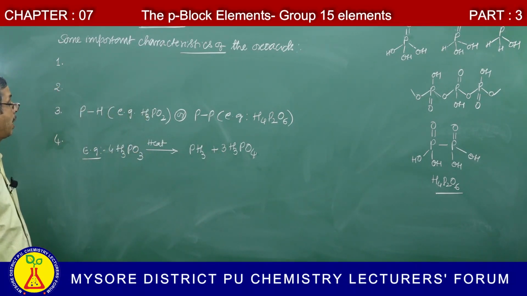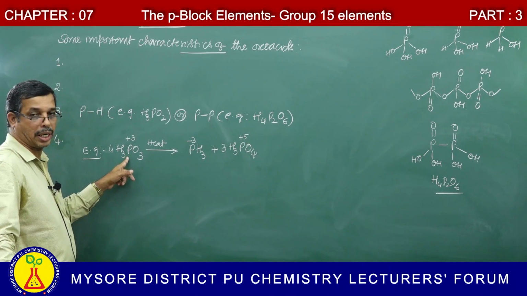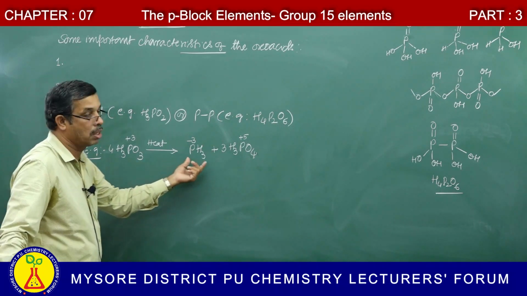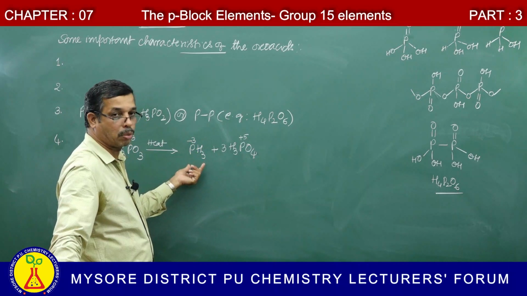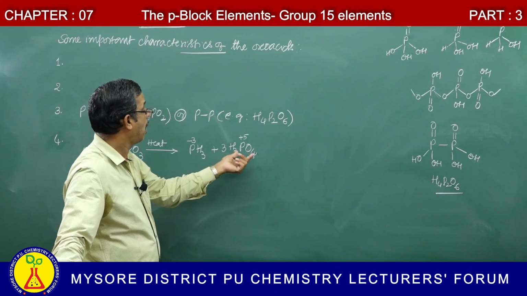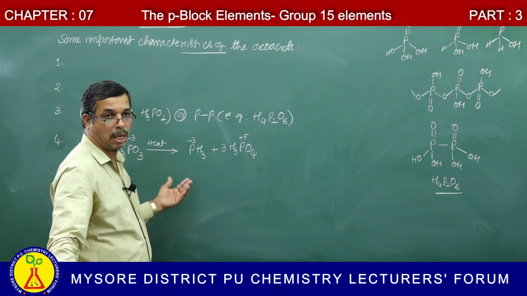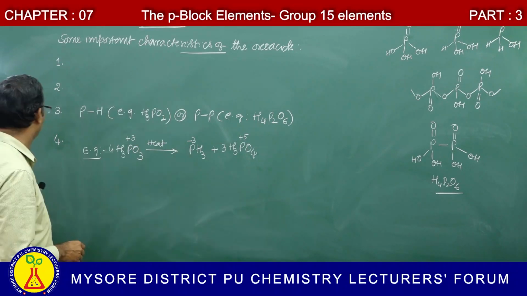In this example, the oxidation state of phosphorus on the reactant side is +3, whereas on the product side it is -3 in one product and +5 in another product.